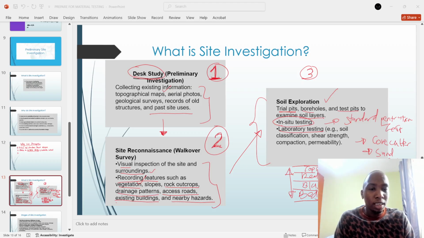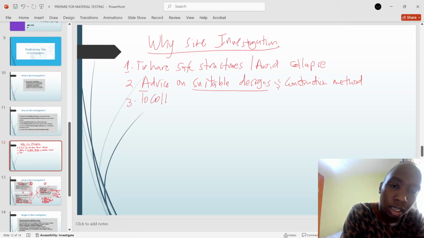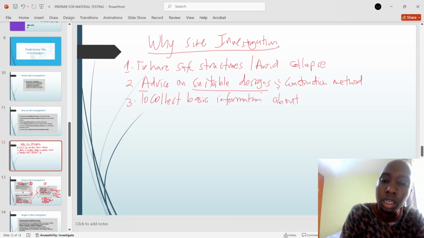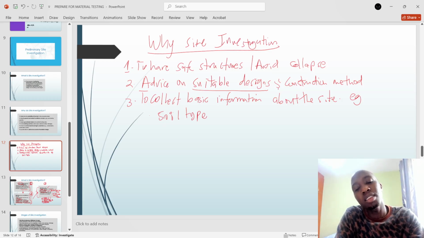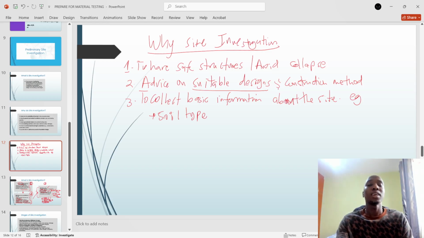So to collect basic information about the site, e.g. soil types. Maybe you can just have a look by the color, you know, this soil is loam, this soil is clay. Soil type, basic information about the site. Is it sloppy?